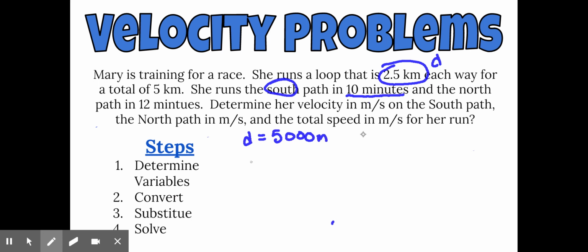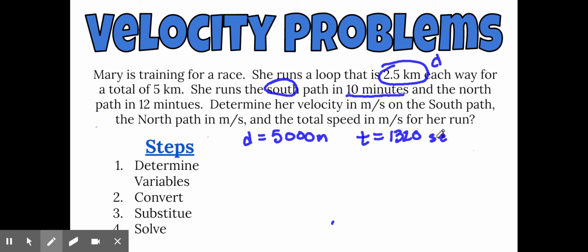And our time this time is going to be the 10 plus 12 minutes, so 600 seconds plus 720. So our time is equal to 1,320 seconds.